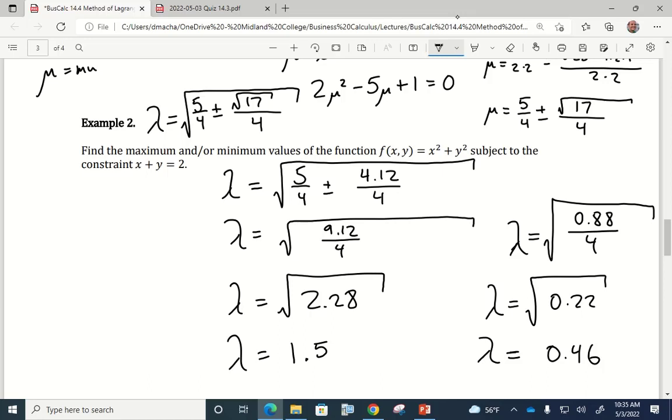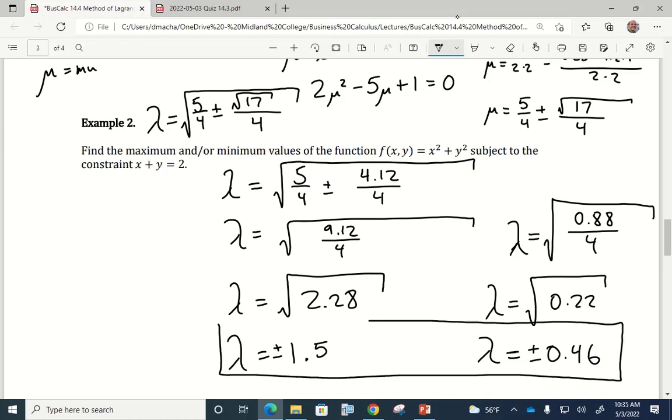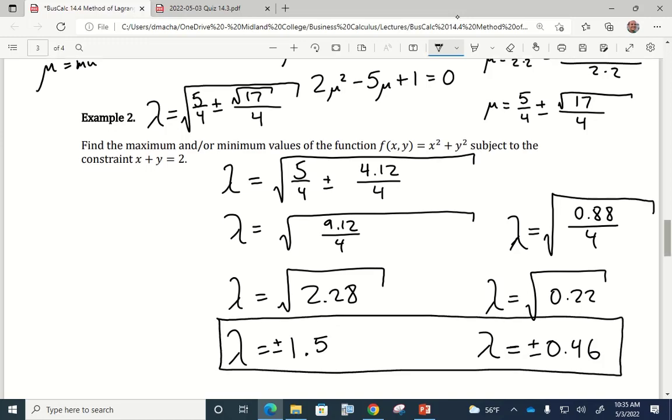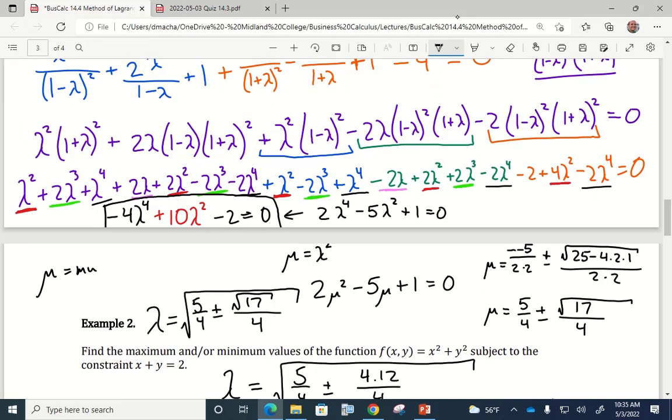Okay, great. And both the positives and the negatives of these lambdas are going to be acceptable. The reason I say that is because this was my equation after I simplified it, 2 lambda to the 4th minus 5 lambda squared. And if you take the negative and then raise it to the 4th power, or square it, you get the same answer.